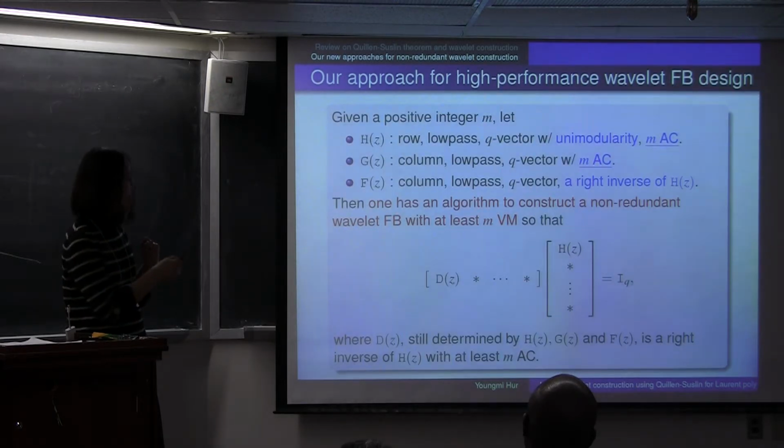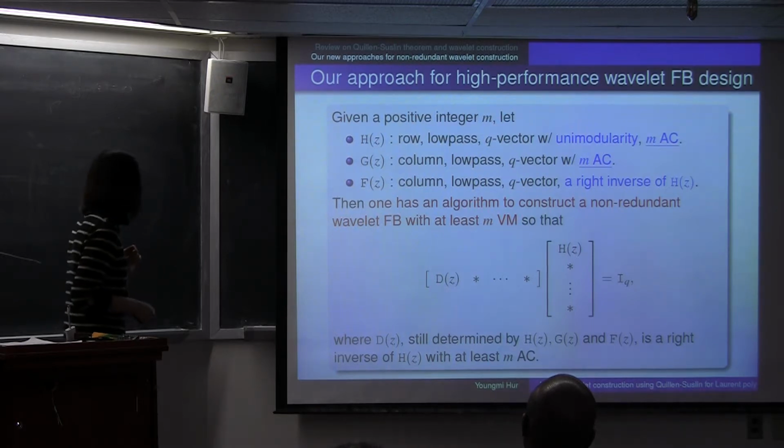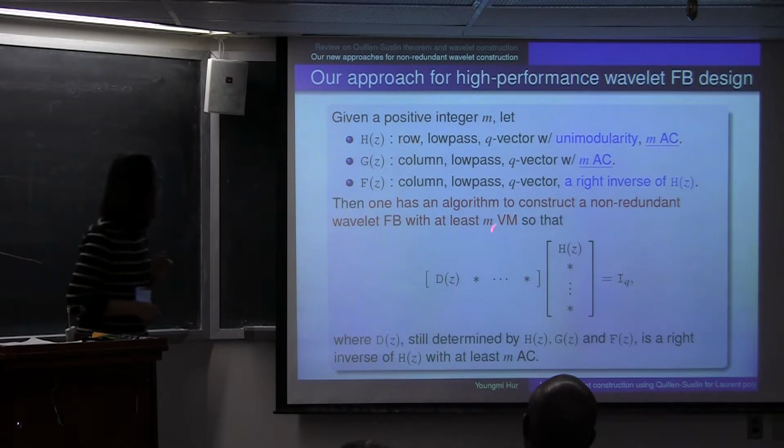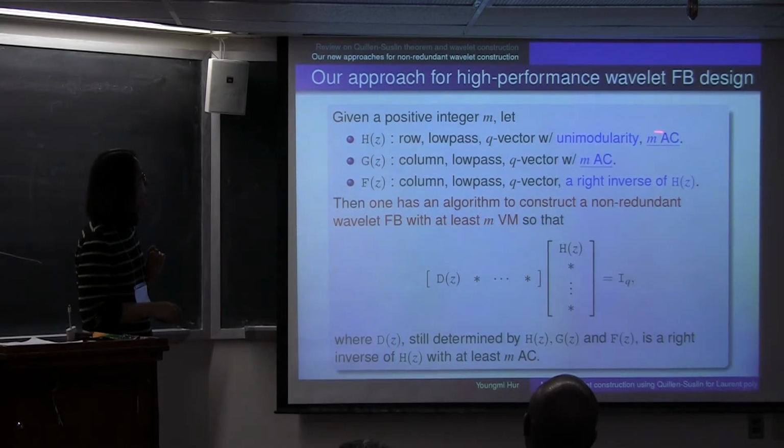If you want to have higher performance, let's say you want 10 rather than just 1, then the only thing you need to change is that you start with H of Z and G of Z with 10 accuracy.